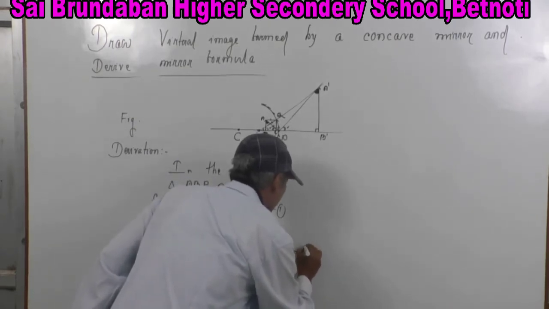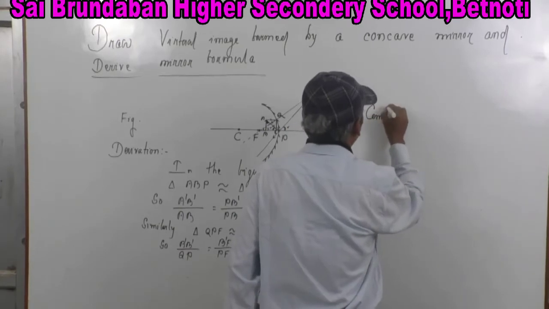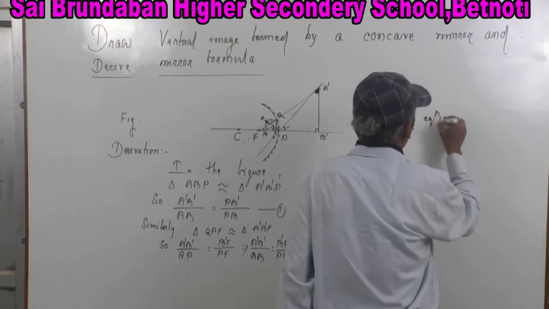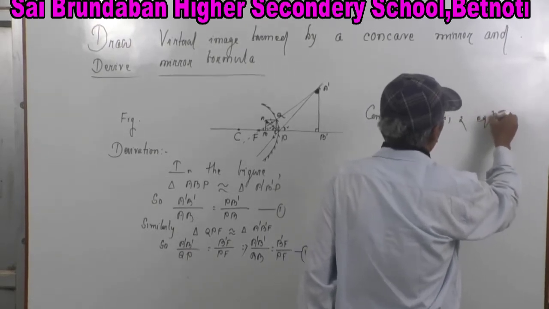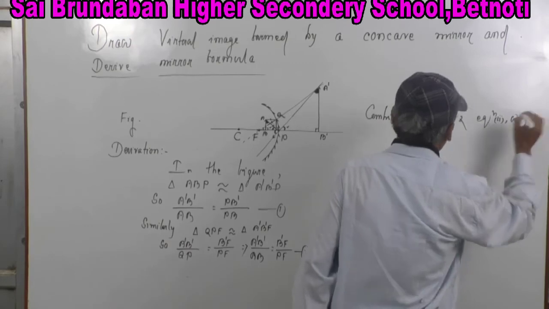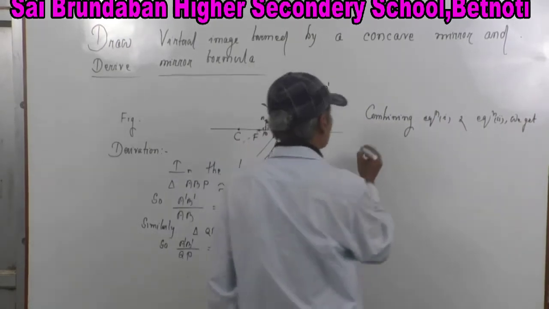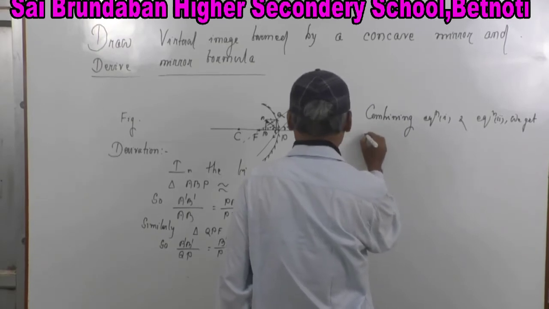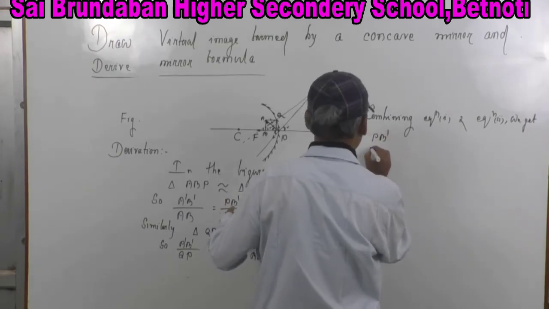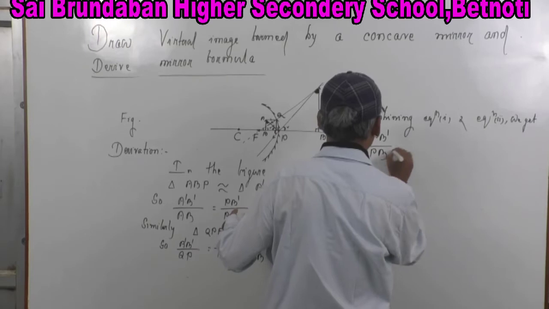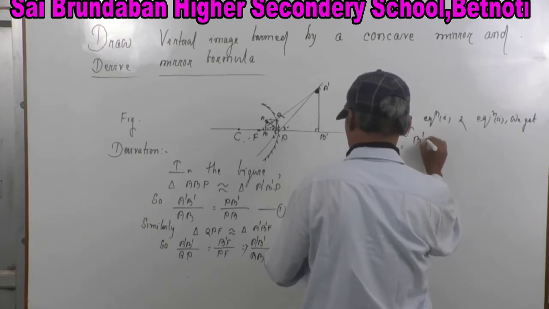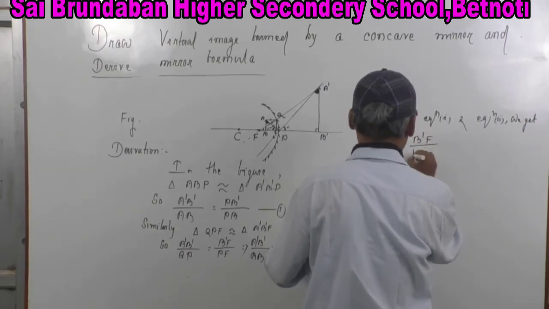This is equation II. Combining equation I and equation II, we get PB dash by PB is equal to B dash F by PF.